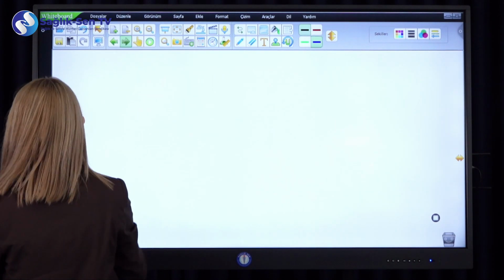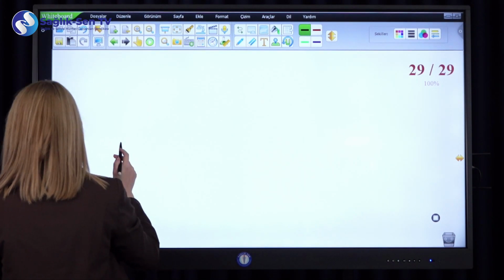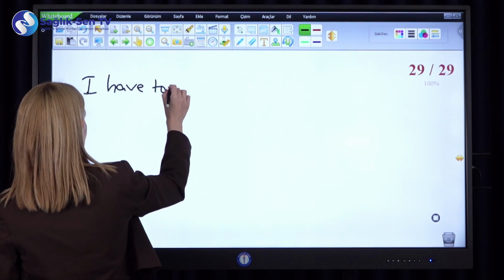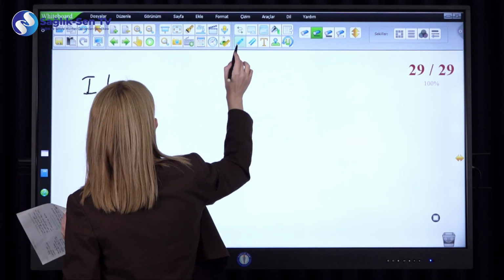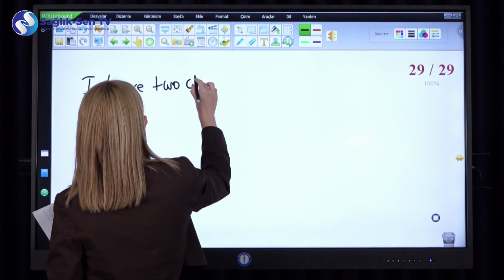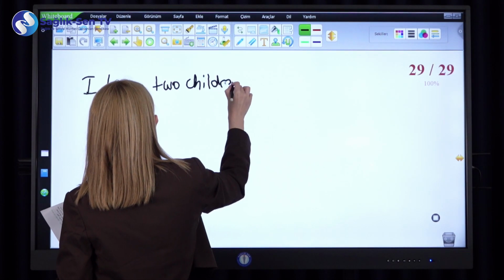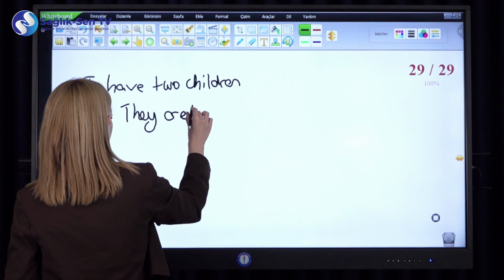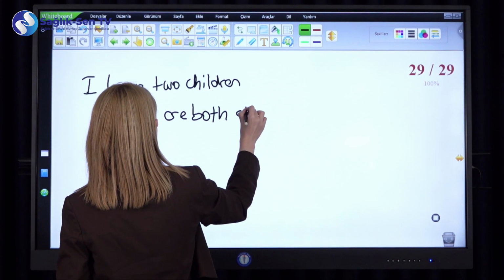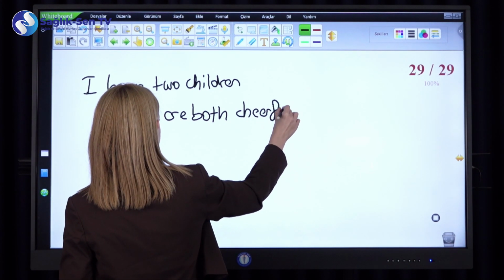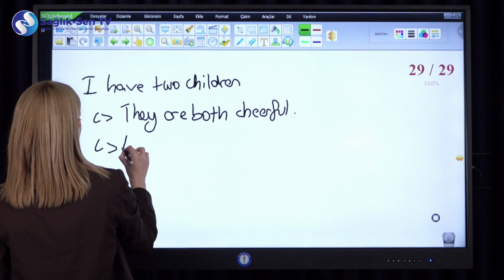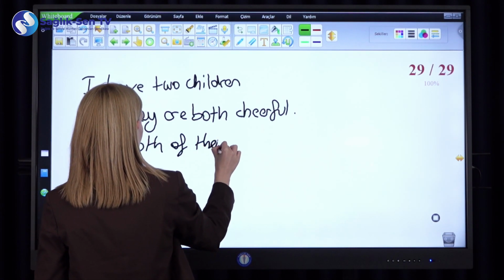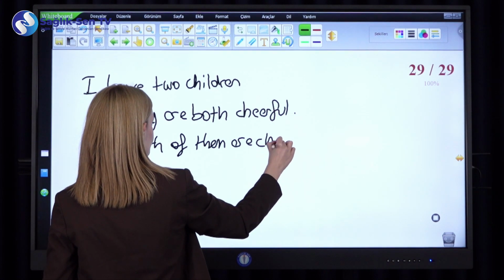Our next example: I have two children. They are both cheerful, or I can say both of them are cheerful.